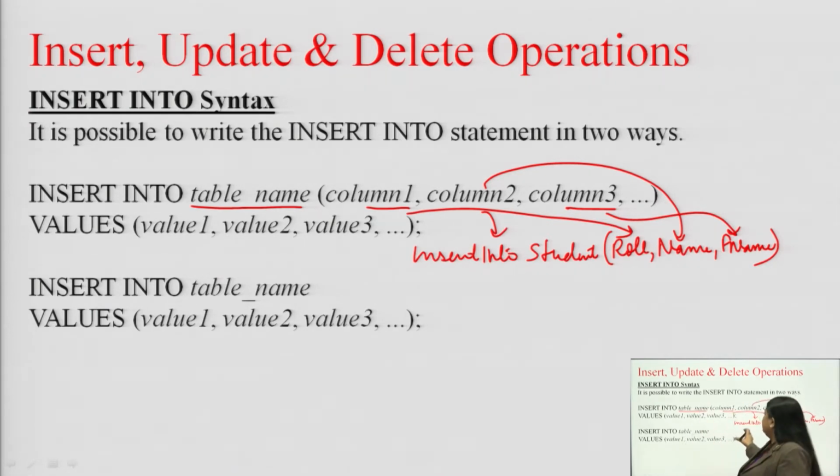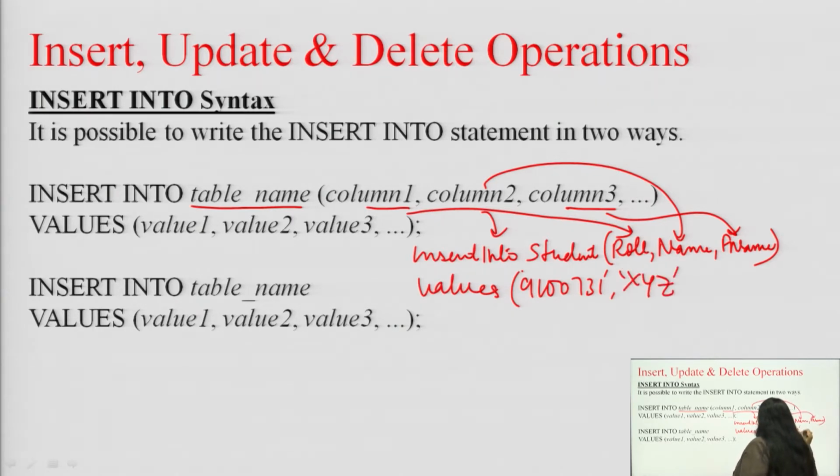So, insert into table name, then the attribute names, then we specify the values. Right. So, we will specify the first value as, let us say, 9100731. So, this was your roll number, then the name is, let us say, anything, XYZ, followed by father's name, let us say ABC, and so on. Right.